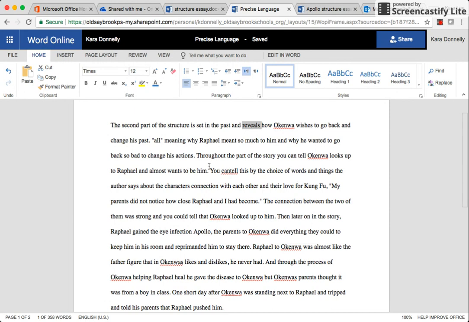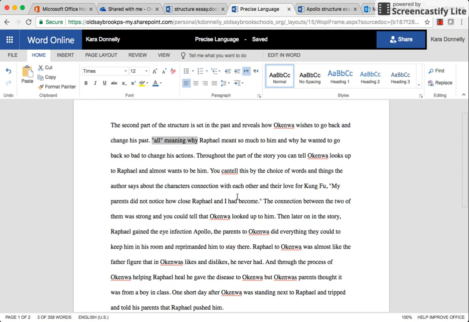The next sentence says, "All meaning why Raphael meant so much to him and why he wanted to go back so bad and change his actions." This refers to that idea of how it all happened, but it's not super precise.